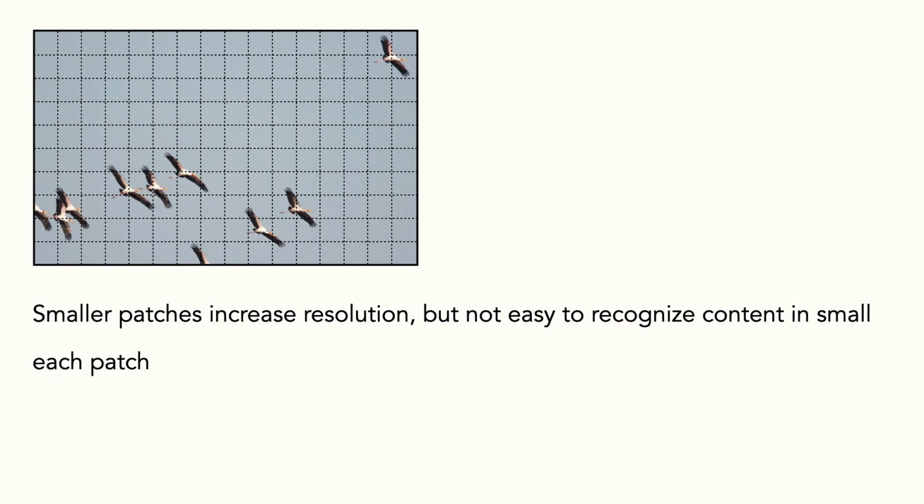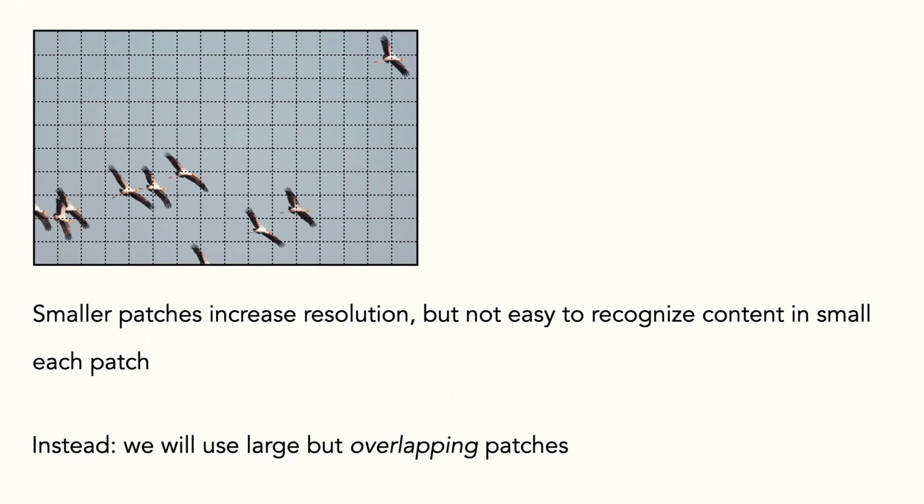But it turns out that as the patches get smaller, at the far extreme the patches are a single pixel, and from a single pixel you don't have enough context to determine what the semantic category is. It's not easy to recognize content as those patches get small. So instead, the winning idea with convolutional neural networks is to use large but overlapping patches.